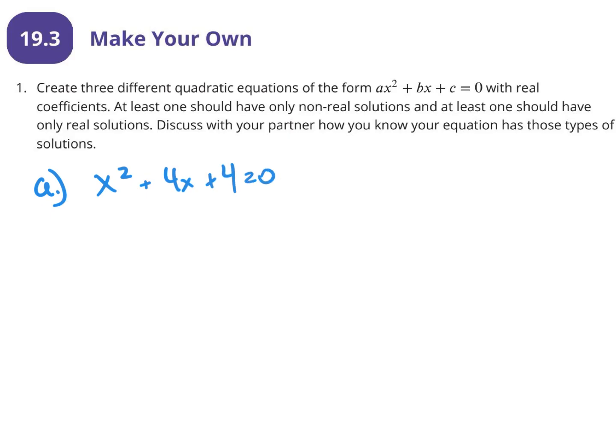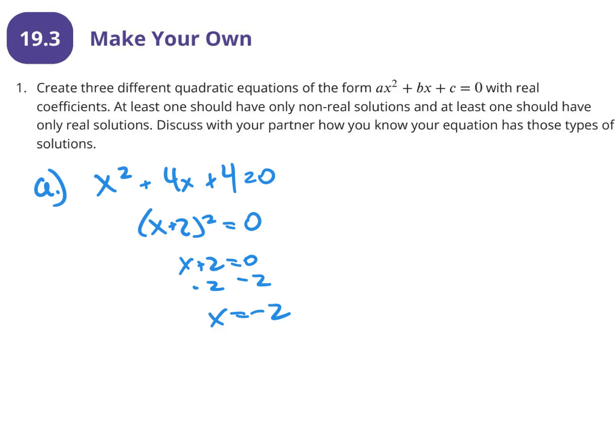Well, this is a perfect square trinomial, so I know that x plus 2 squared gives me one real root of negative 2. Okay, so that's one real solution. How do I know it's one real solution? Because x plus 2 equals 0. Subtract 2, x equals negative 2.